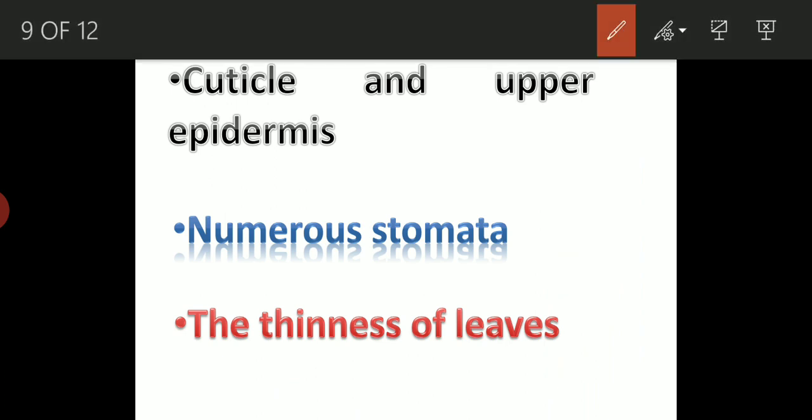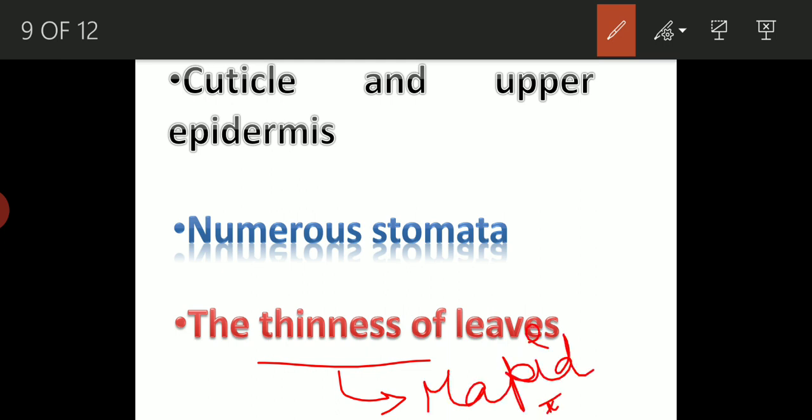And next is the thinness of leaves. If the leaves are thin, then what will happen? If the leaves are thin, then it reduces the distance between the cells. The distance between the cells gets reduced, which actually facilitates what?